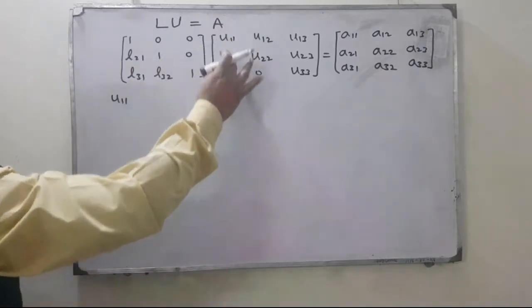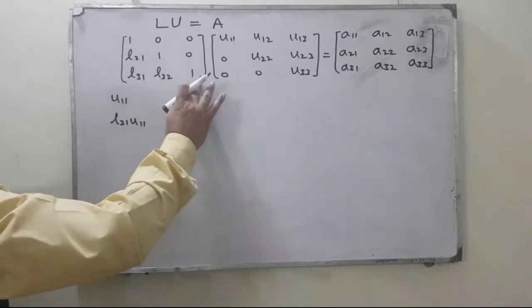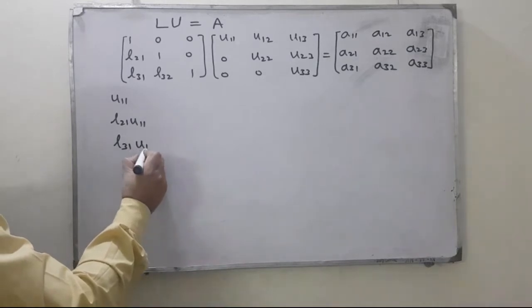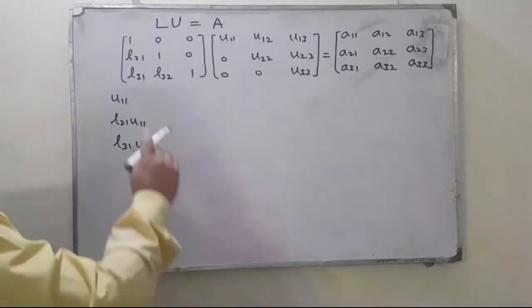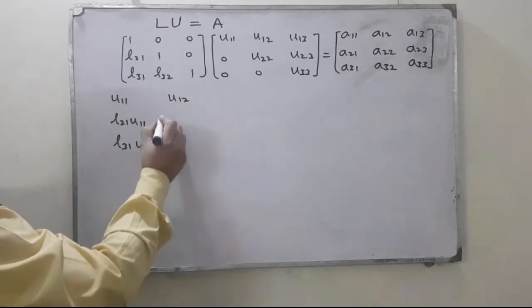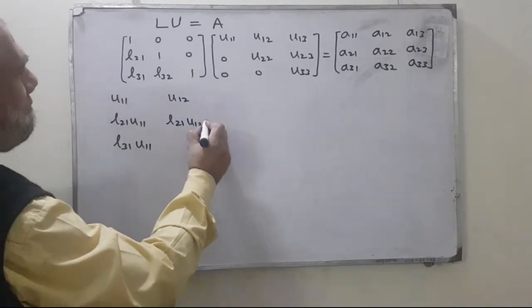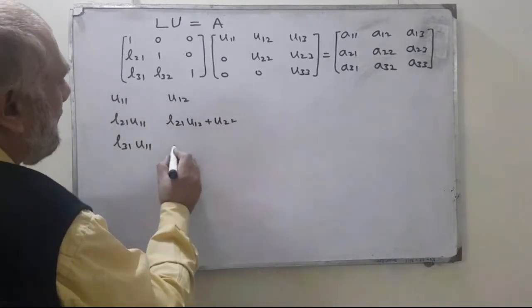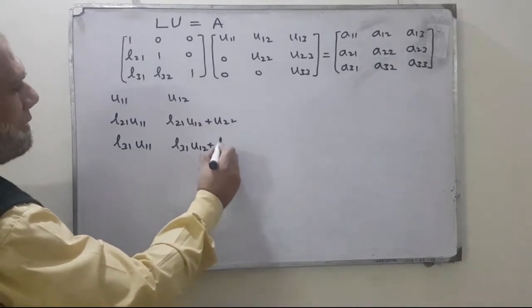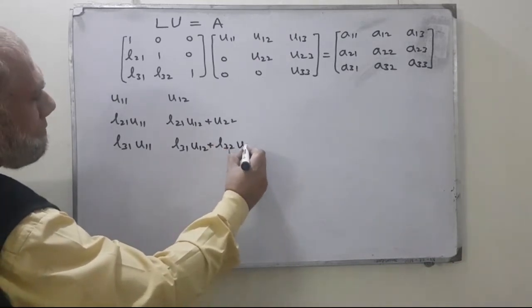Similarly, row 2 with column number 1 gives you L21 U11. Row number 3 with column number 1 gives you L31 U11. Similarly, if we take the product of the other elements, it gives you U12 here, and it will be L21 U12 plus U22, and L31 U12 plus L32 U22.